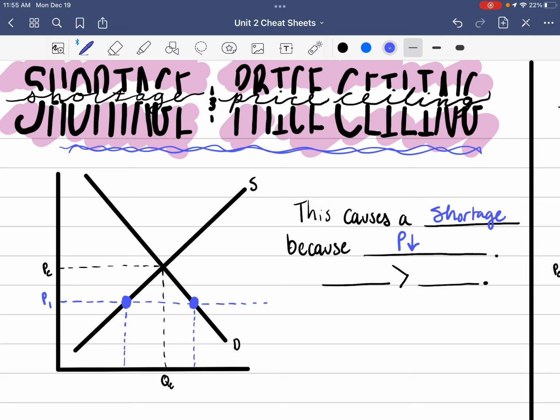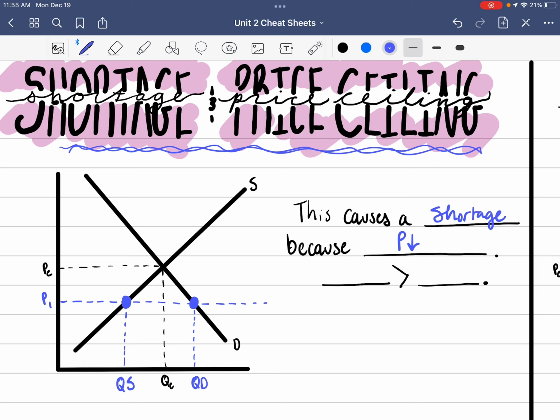Now, what disequilibrium do we encounter first? The price line hits supply first. So when we follow that down, we call that the quantity supplied. Then the price line hits the demand curve, and we put that disequilibrium point there. We follow it down, and we call that quantity demanded.